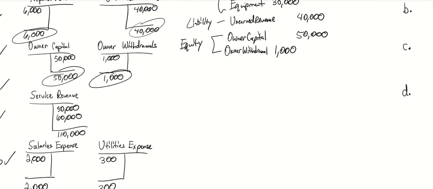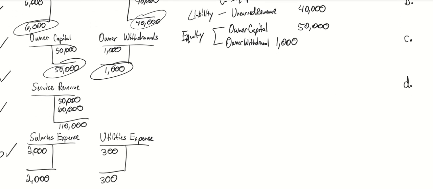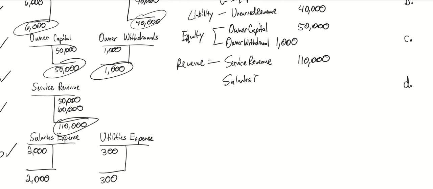Okay, now we got our revenues and expenses. So we got service revenue, and we have a credit of 110,000. Okay, so that's our revenue. And then we have expenses, which are salaries expense of 2,000, and then utilities expense for 300.